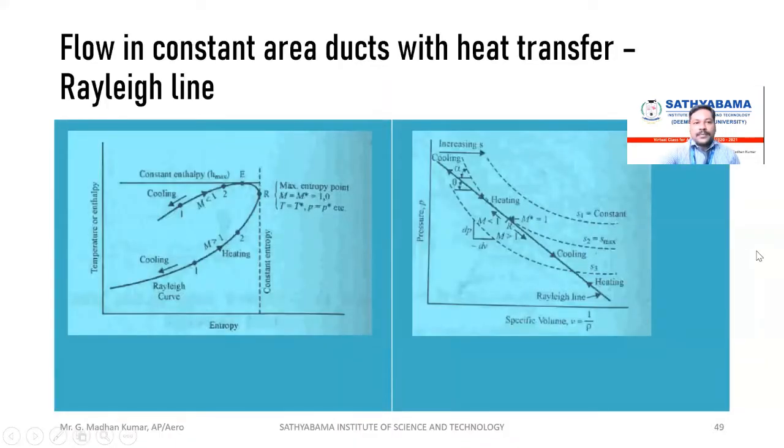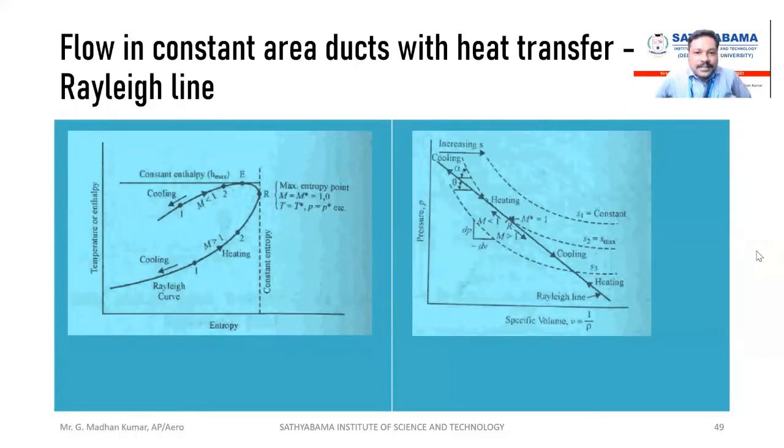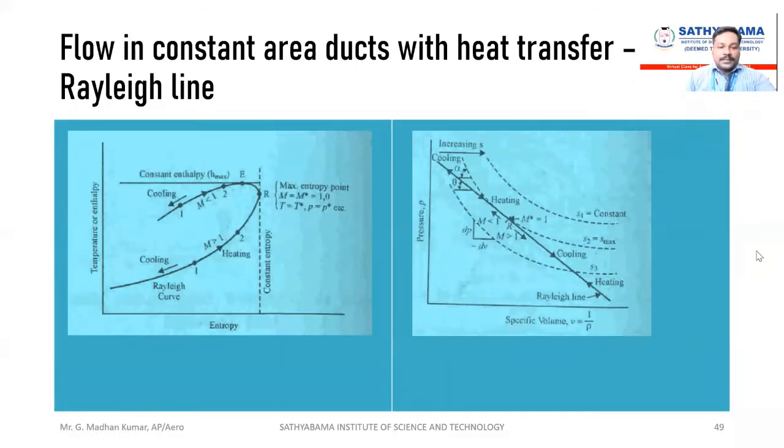So we have discussed flow in a constant area duct with heat transfer, that is the Rayleigh line. What is meant by the Rayleigh line? We have the temperature-enthalpy or enthalpy-entropy diagram on the left-hand side, and the pressure-specific volume diagram on the right-hand side. So what is meant by Rayleigh flow and the Rayleigh line?